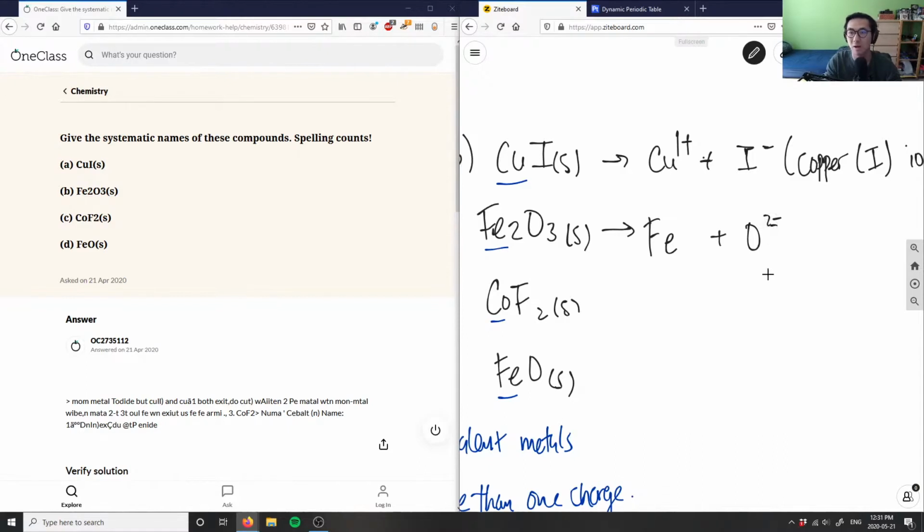Again, I'm not going to balance these chemical equations, so I have a 2- charge here, and I want something that would give me 2 irons here, and also 3 oxygens here.